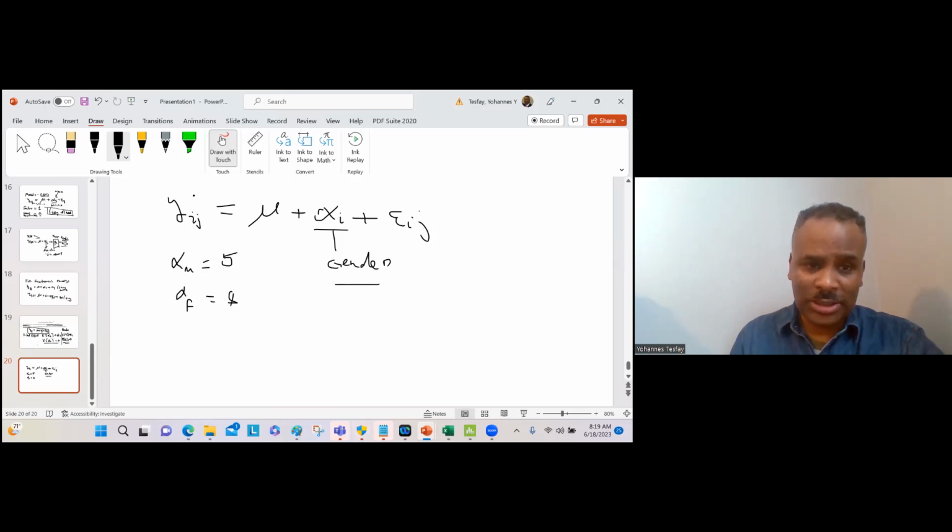Y I J is equal to the mean, right here mu, plus the effect. Actually it cannot be like that. One should be minus and one plus.